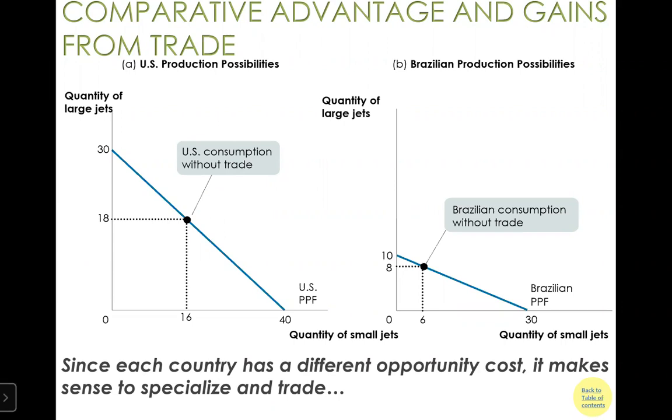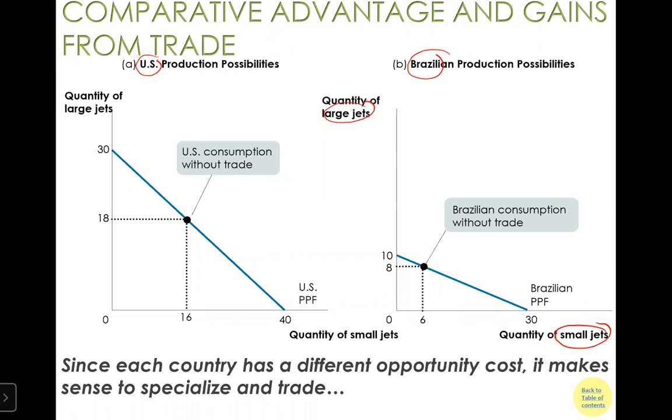So now I switch the example a little bit, but it doesn't really matter, right? I switch from US versus Mexico to US versus Brazil. And in terms of products, now we have large jet versus small jet. You can easily switch back, but the analysis is going to be entirely the same.